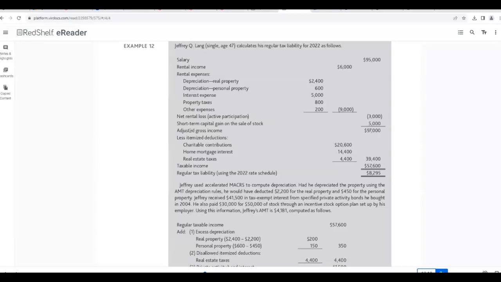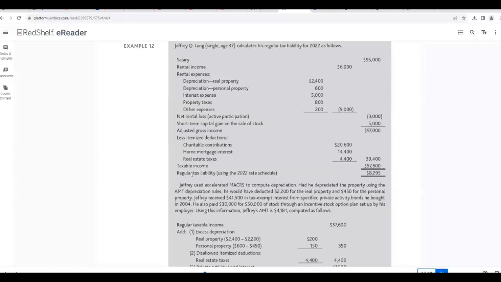Okay. Now, itemized deduction, we have charitable contributions of $20,000, mortgage interest $14,000, real estate taxes $4,400, total Schedule A itemized deduction $39,400 minus $97,000 gross income, AGI, gives us $57,600 taxable income.